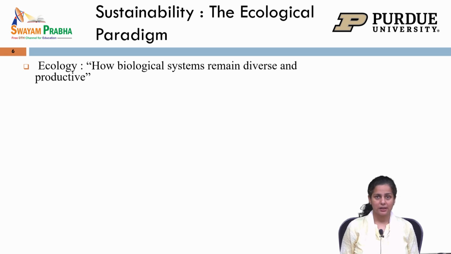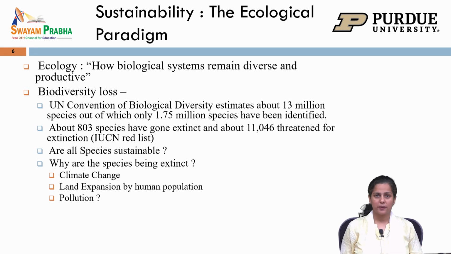However, we have been thinking about some of the issues that ecological systems are facing, such as biodiversity loss. The UN Convention on Biological Diversity estimated about 13 million species, out of which only 1.75 million have been identified, about 1,000 species have gone extinct, and about 10,000 are on the IUCN Red List.